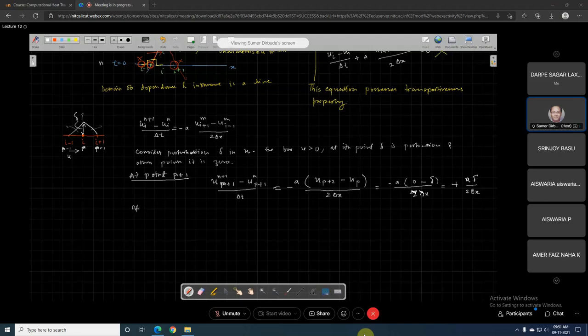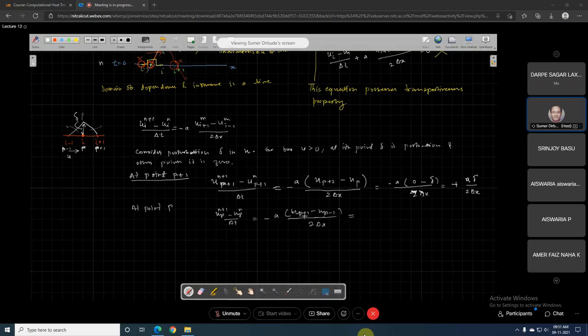But what about at point p itself? (u_p^(n+1) minus u_p^n) divided by delta t is minus a times (u_(p+1) minus u_(p-1)) divided by twice delta x.